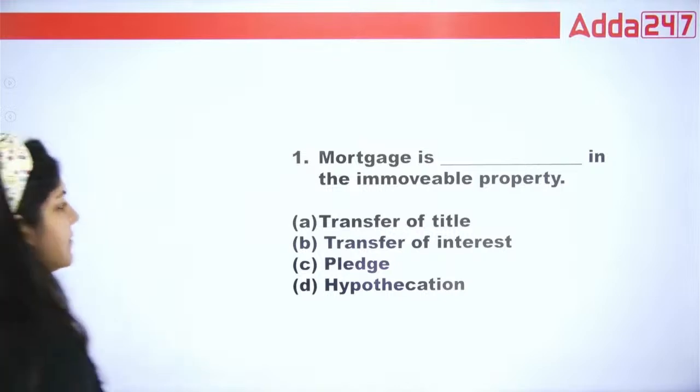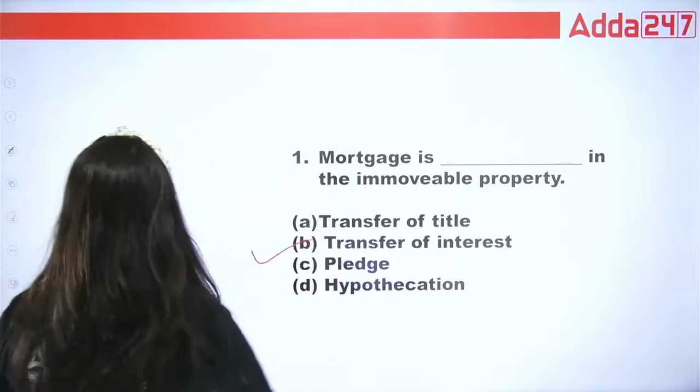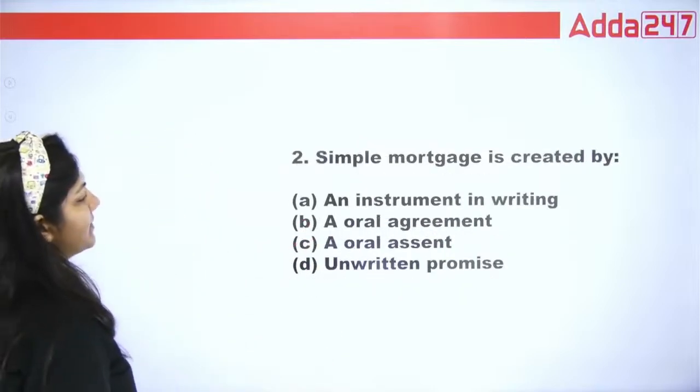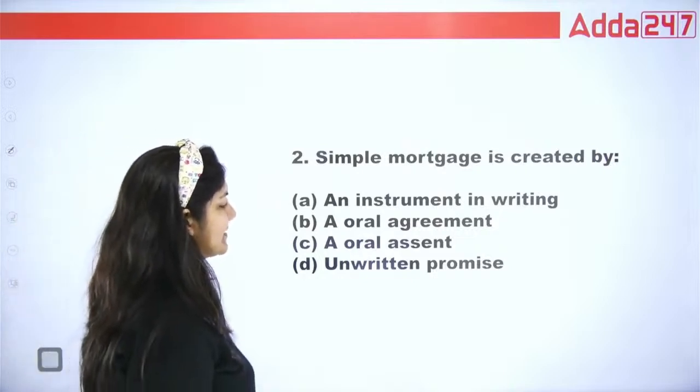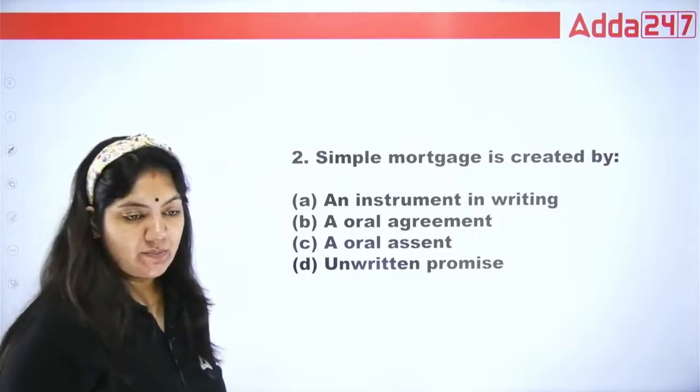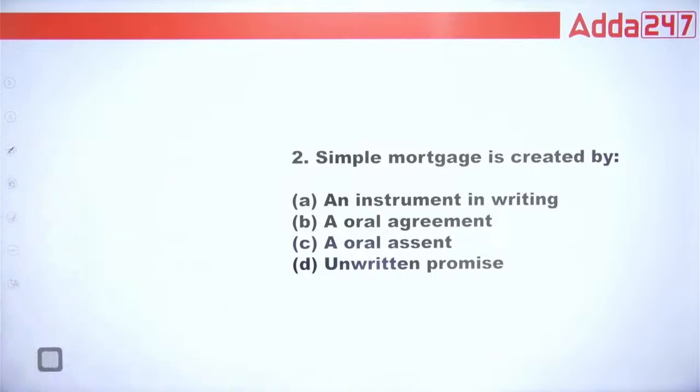So basically, mortgage is the transfer of interest. A simple mortgage is created by instrument in writing, oral agreement, or oral assent. Assent means the permission, or unwritten promise.